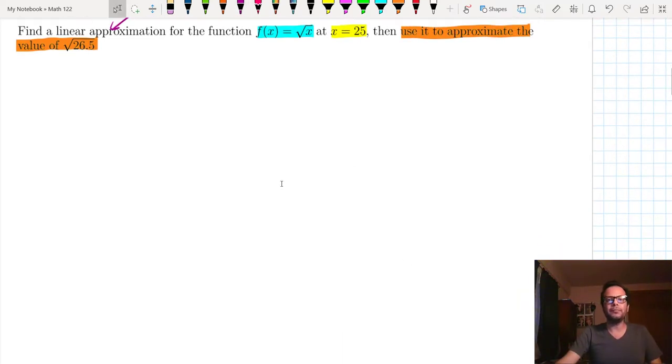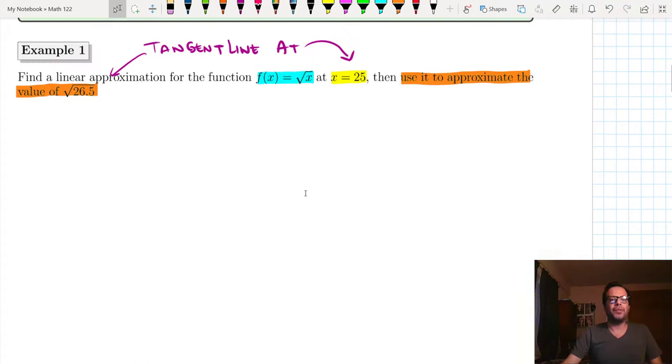First of all, to find the tangent line at any point, we need two pieces of information. Let's recall that we need the slope and the point. Well, we are only given the x value of where we are going to find the equation of the tangent line, so we also need the y value.